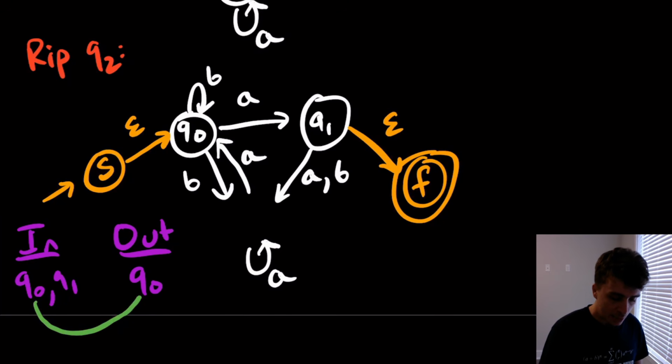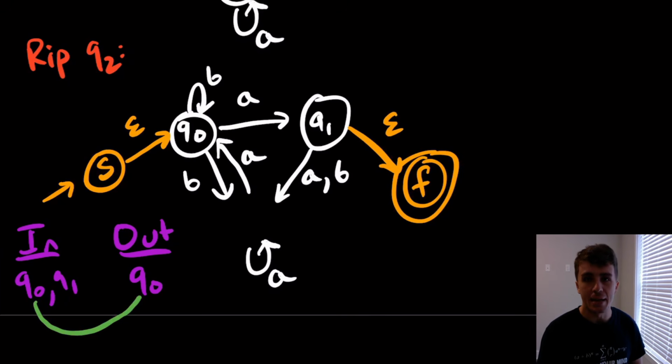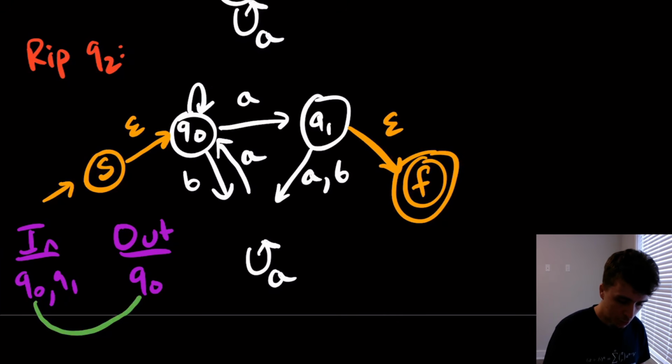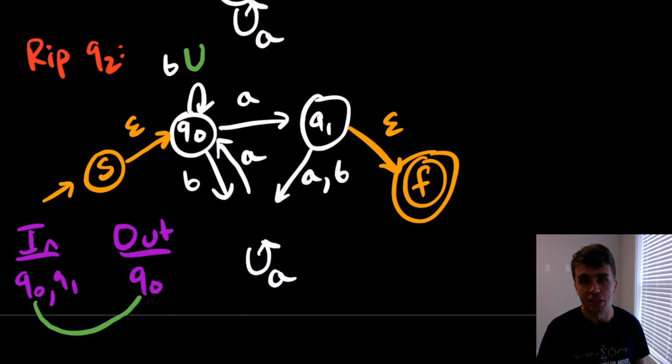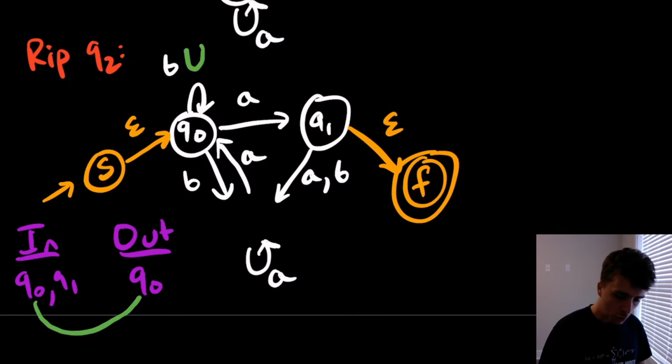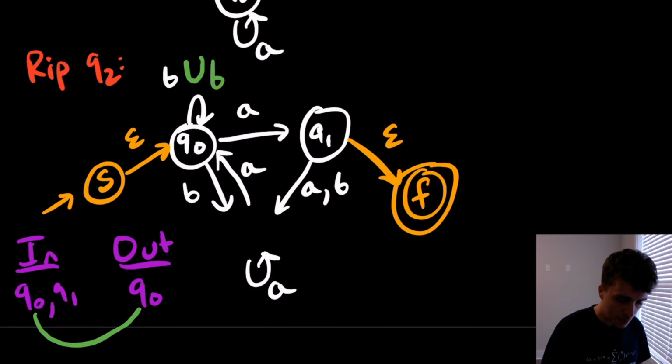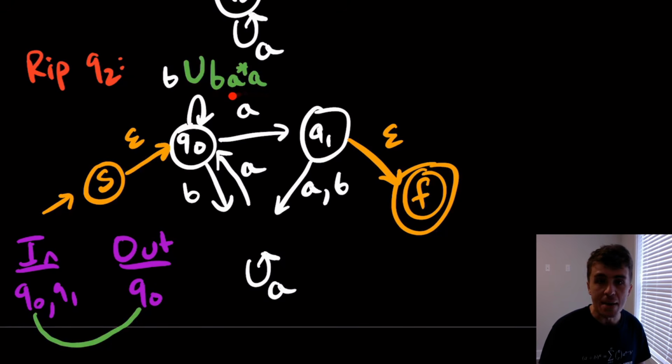So that means that in addition to this self-loop transition right here, we're going to add a transition. B was what the transition was before, but now we're going to union it with the transition we're adding, because you can either take the B route or you can take this more complicated route, which is going to be B A star A. So that's what we're going to put here, B A star A. And you may be thinking, okay, you can put A plus for this.